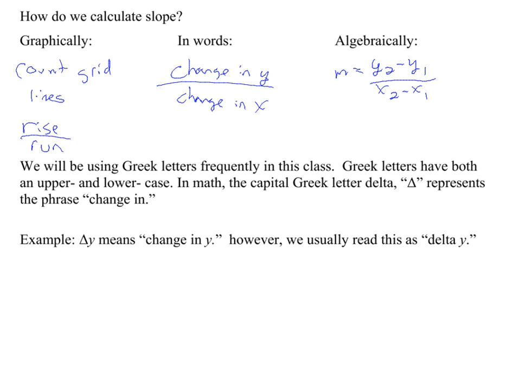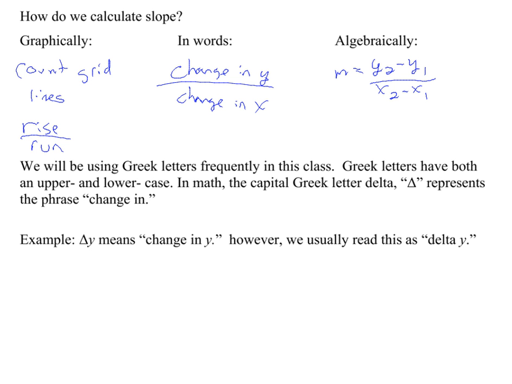We will be using Greek letters a lot in this class. You've been introduced to some. They're just different letters than the ones we typically use, and that's why we use them, because we kind of ran out of our letters, so we had to go to somebody else's alphabet. Typically, Greek letters are used to designate angles, but sometimes they are used for other things.